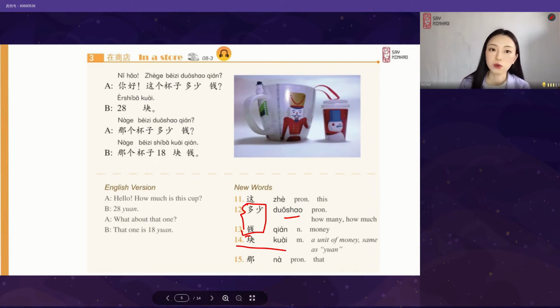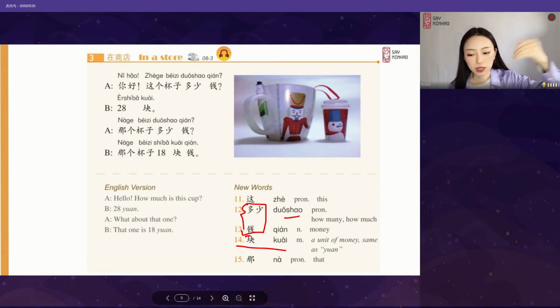Okay, next one is 块. Read after me please, 块. It is a unit of money, the same as yuan. Yuan is the unit of Chinese currency, renminbi. So 1 yuan is 一块. Don't forget about the tone sandhi of 一. It is before a first tone word so it changed into second tone. 一块.